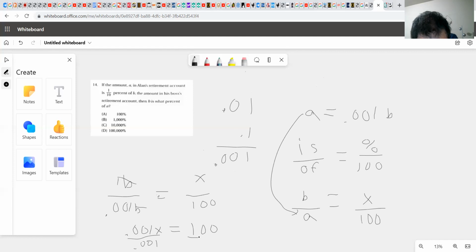Well, since this is the non-calculator part, I would prefer to turn that into a fraction. We had it as a fraction in the beginning, but then I turned it into decimals because I thought that would be easier. But anyway, so you have 100 divided by 0.001, which is 1 over 1,000.